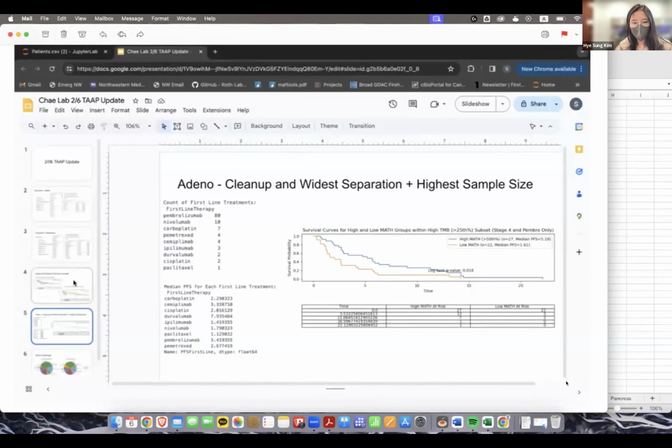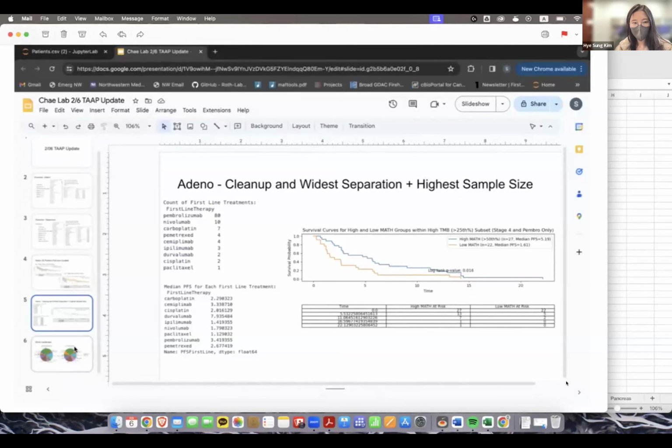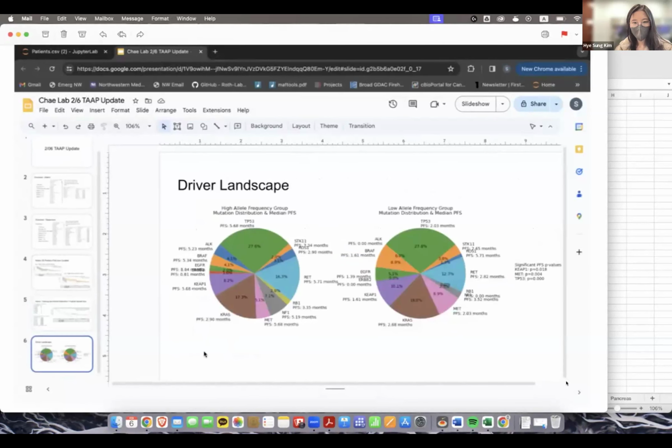Yeah. So the next thing that I did is I looked at the distribution of driver genes or driver mutations across both of these groups. So here, 2 pie charts. The one on the left is for the high MATH group or high heterogeneity group, and the other is the low heterogeneity group.